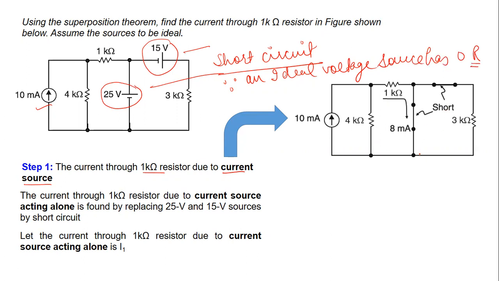The circuit redrawn is this one. Let us mark this current as I1, for example.